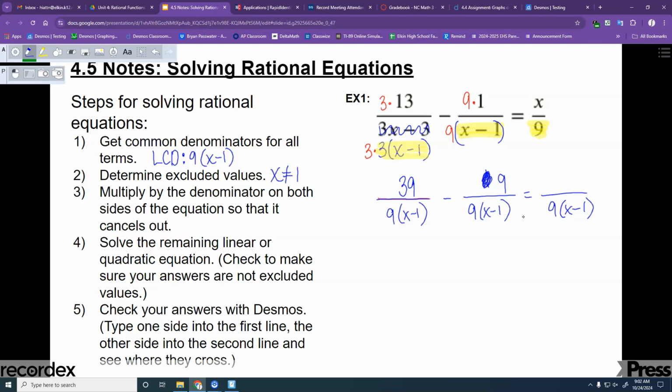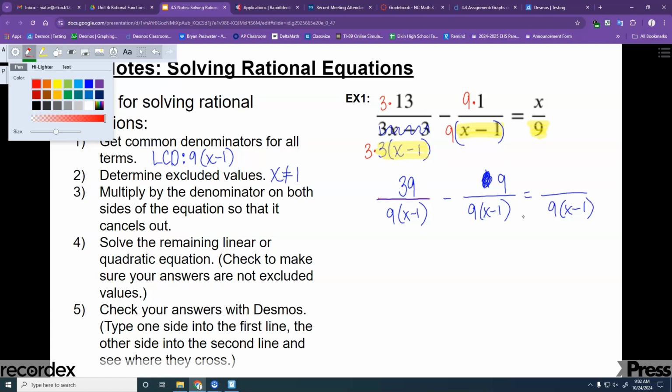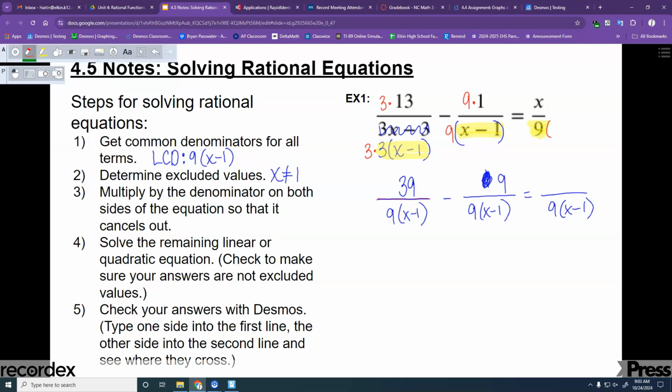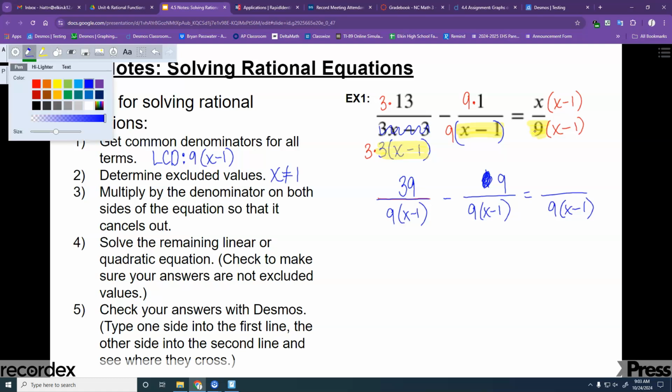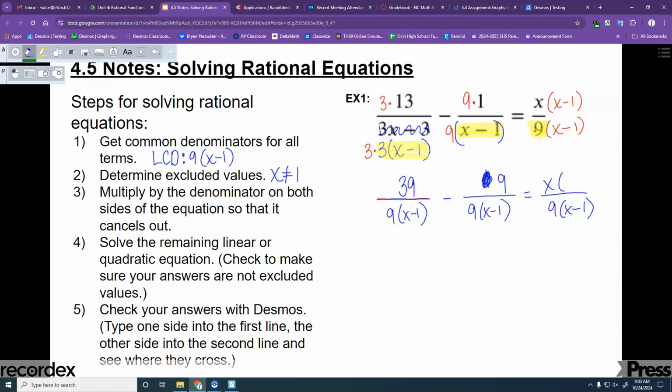And then for the last one, Angel, I've got just a 9. I need 9 times x minus 1. What do I need to multiply by here? It's going to be x minus 1. So just like when we were adding and we had to get those common denominators, you're doing the same thing here.